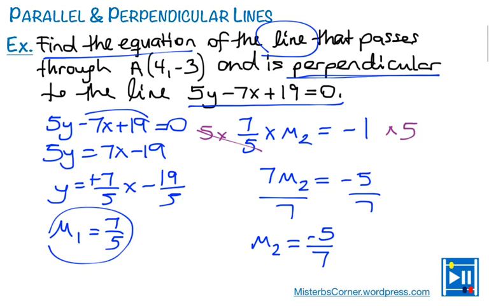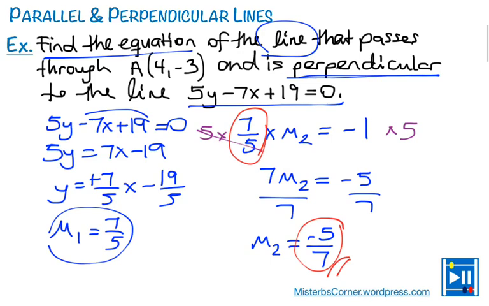Or you can divide both sides by 7 over 5. Or you can just memorize the fact that if you have a fraction, you have to flip it and change the sign to get the gradient, right? In either way, the gradient of the line that I'm trying to find the equation of is minus 5 over 7.